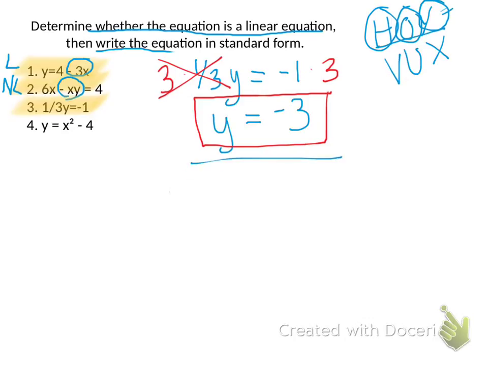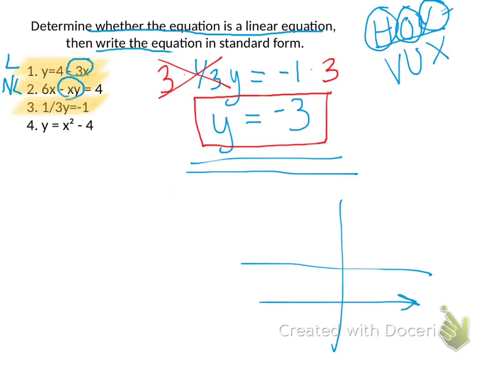So because this equation is written y equals, this is going to be the graph of a horizontal line going through the point -3. Alright, so this is in fact linear.